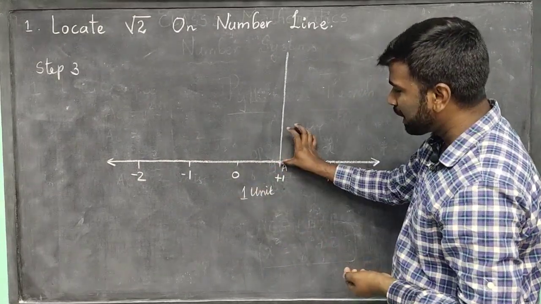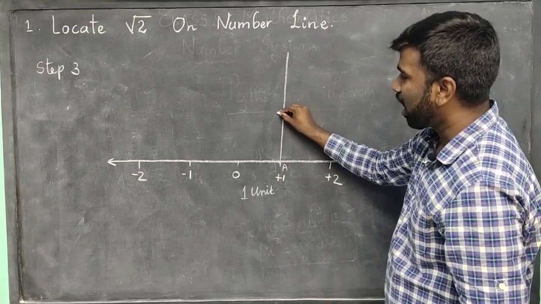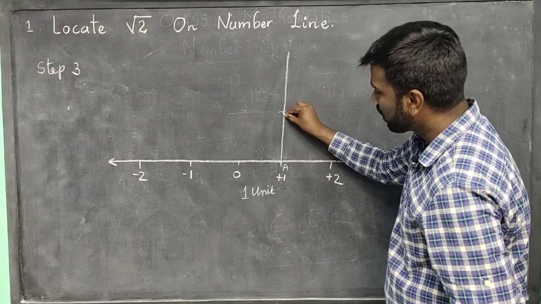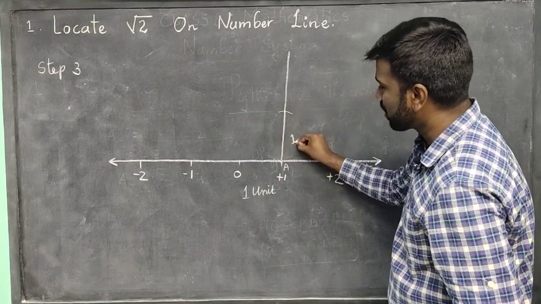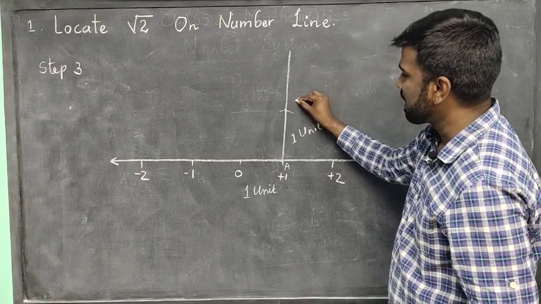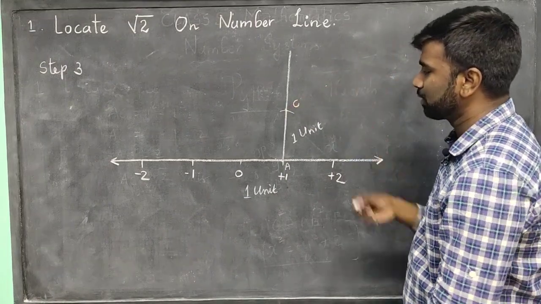Then from the point A, cut an arc of length OA. Here it is 1 unit, and this length also becomes 1 unit. I'll mark this point as C.